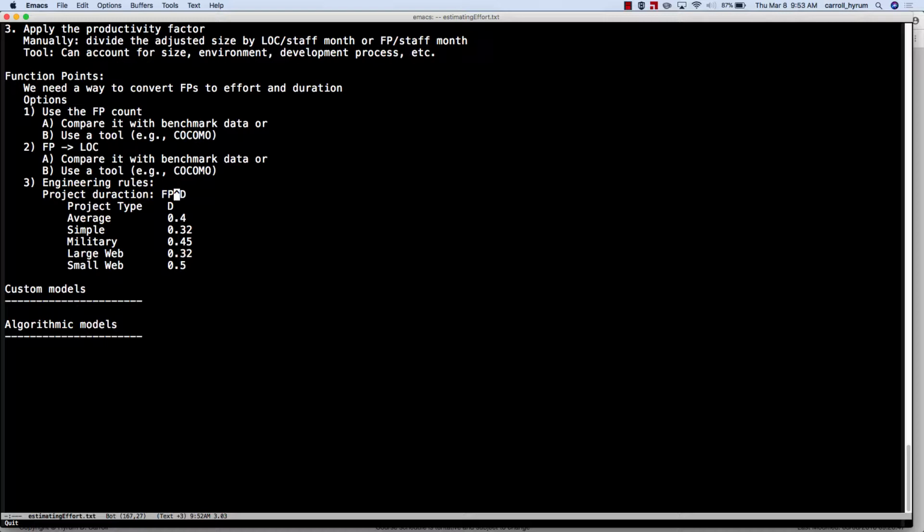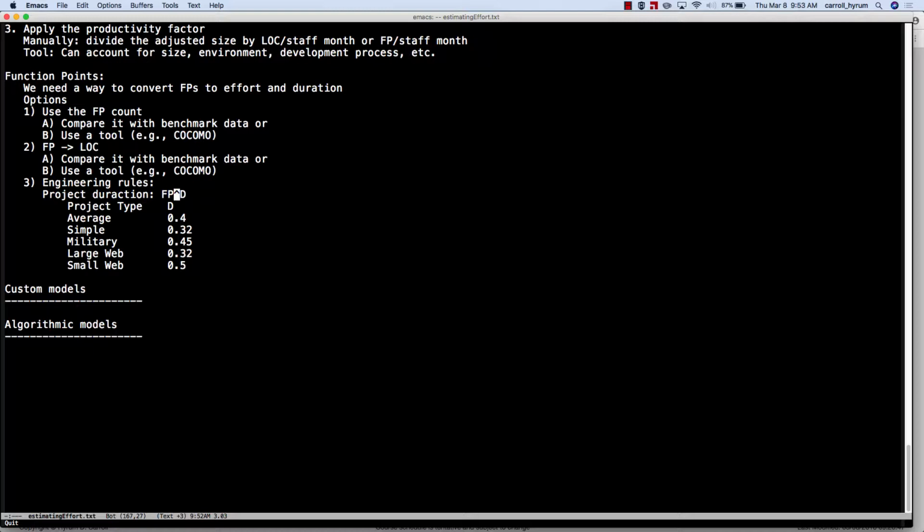Then you're getting a large project done with less work per unit. That's some intuition on why small web is going to have a longer duration per unit, but it's also a smaller project. So it's going to be a lot shorter overall, but it's going to take more effort per unit because it's smaller.